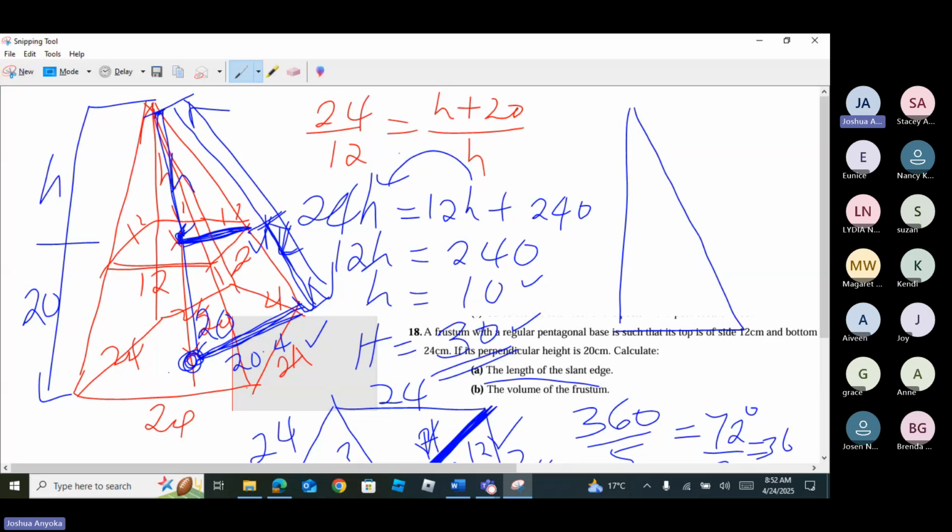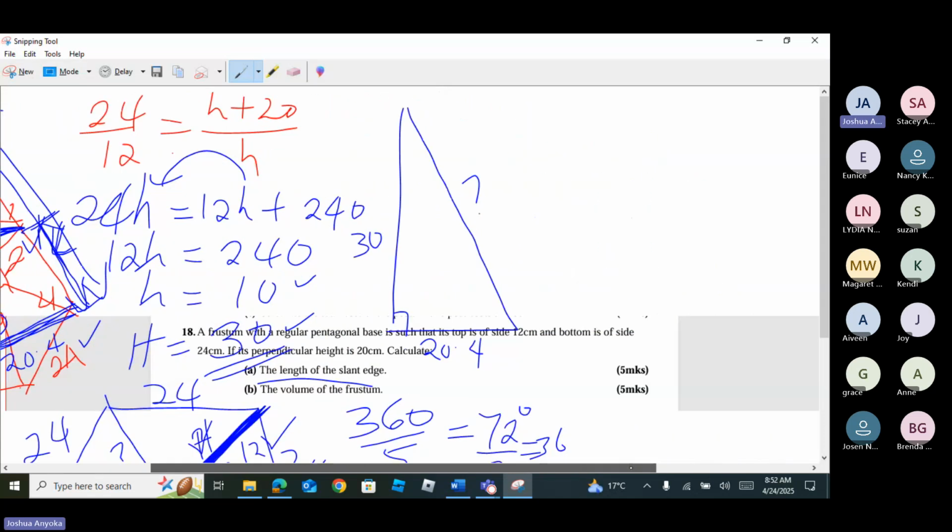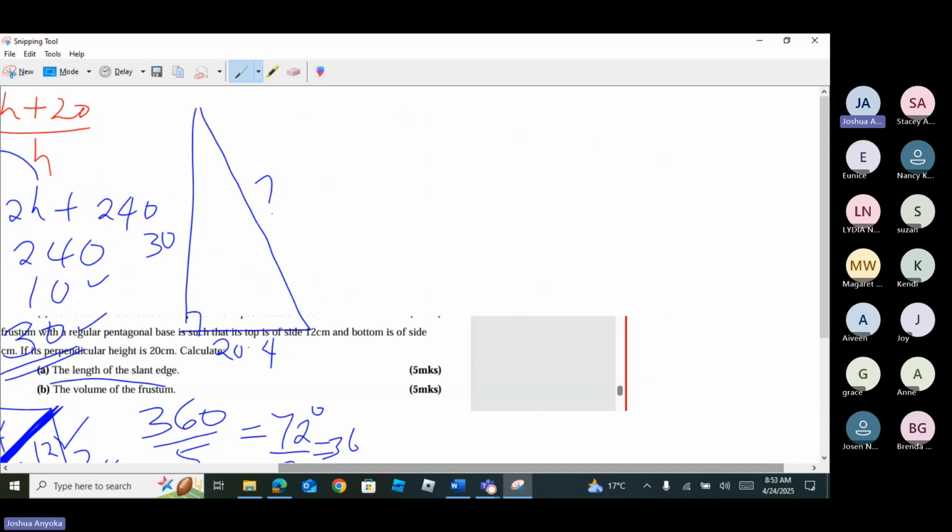So let's extract. Here we have 20.4. The whole height is 30. We can now easily find the whole of this height using Pythagoras theorem.